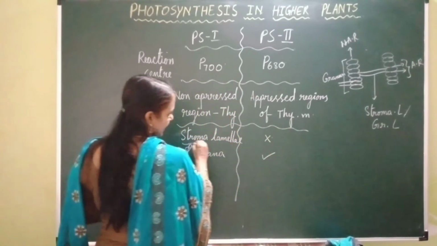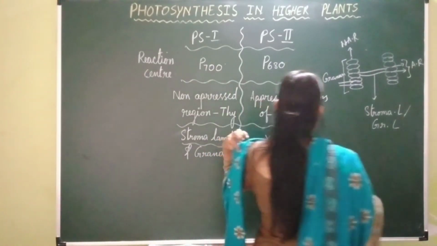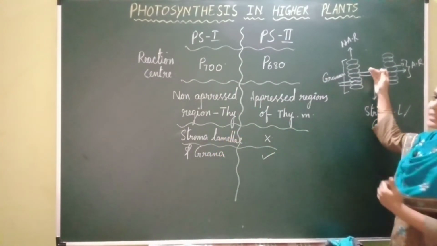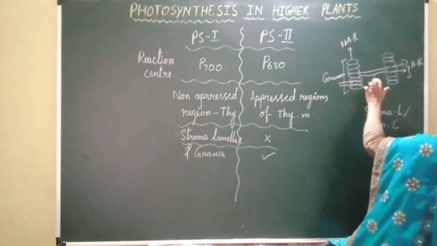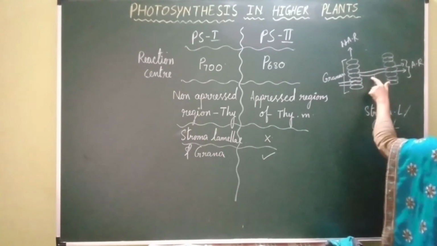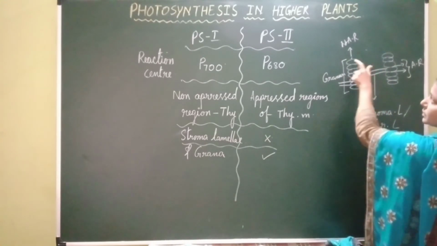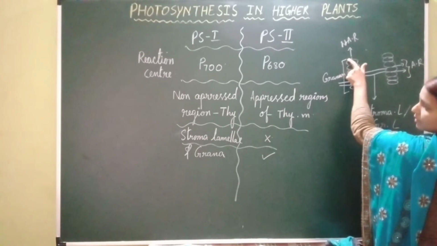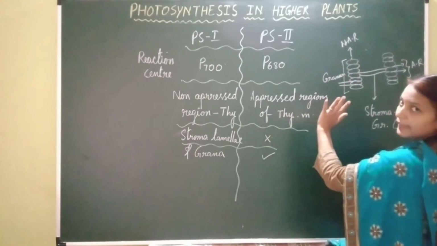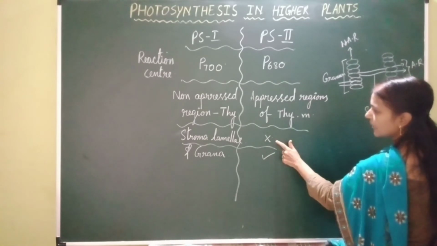Let's see. In stroma lamellae, appressed regions are absent. Only non-appressed regions are present. So this region and this region are non-appressed regions. As only non-appressed regions are present, what is present in them? Photosystem 1. Hence in stroma lamellae only photosystem 1 is present, and photosystem 2 is absent.